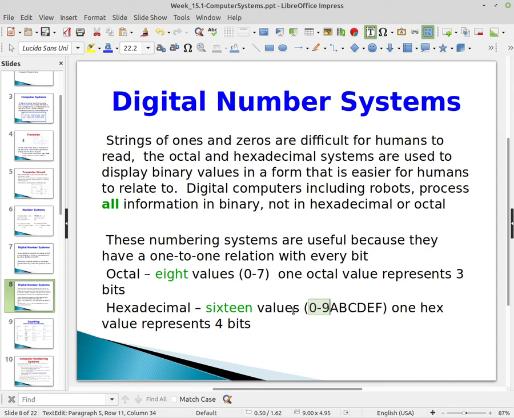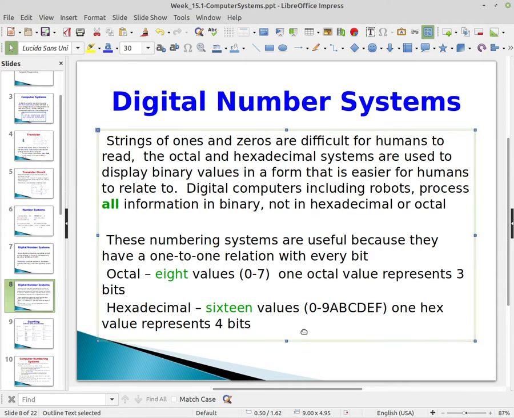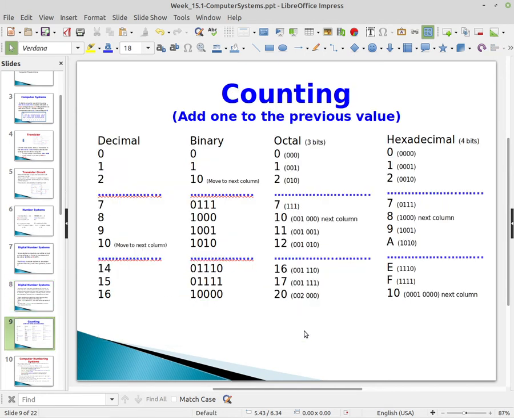But what's nice about hexadecimal numbers is that 4 bits, a string of four ones and zeros thrown together, can be represented with one hexadecimal symbol. And so that's why we like that, because we can read it much better as humans.